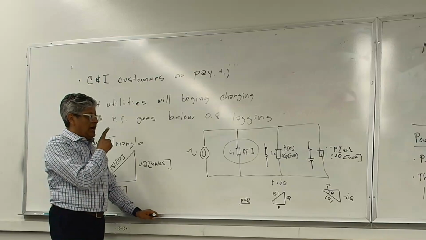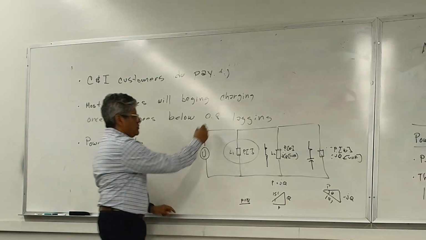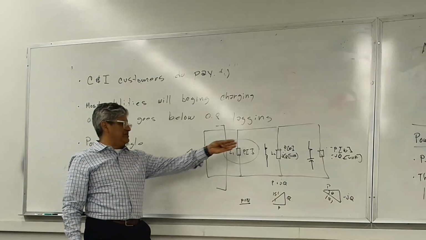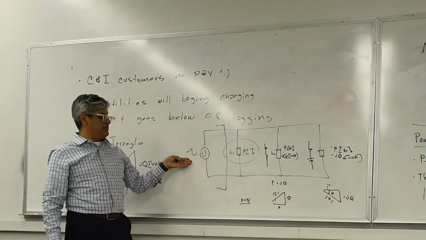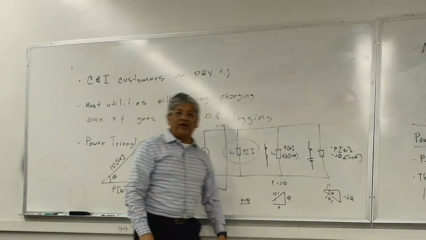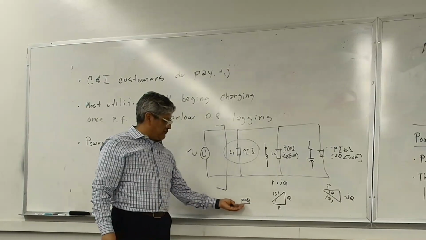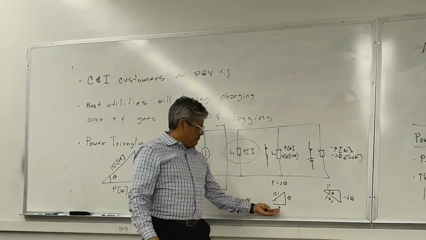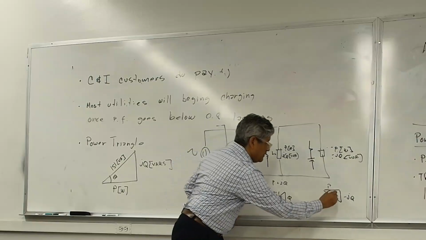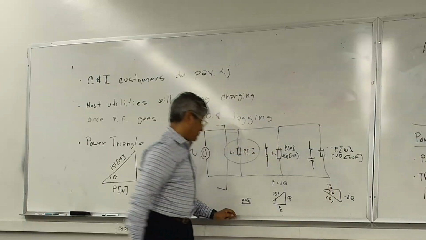So if I want to know what is the total power being consumed by these loads or produced by the source, it is the addition of these 3 triangles. I'm going to say P1, P2, and P3.